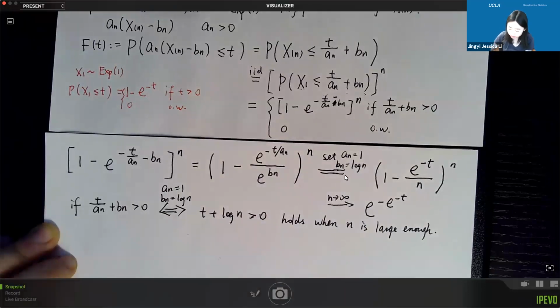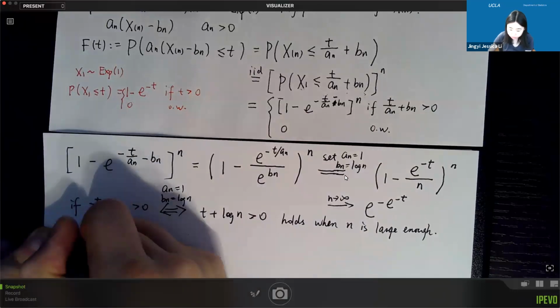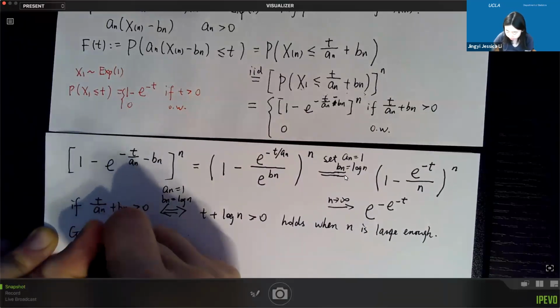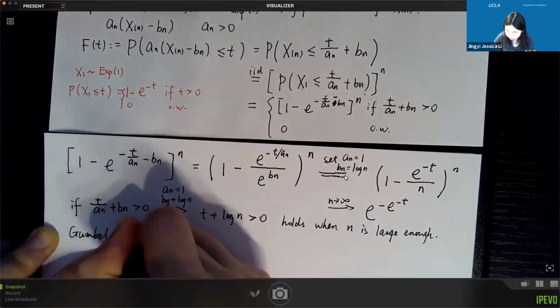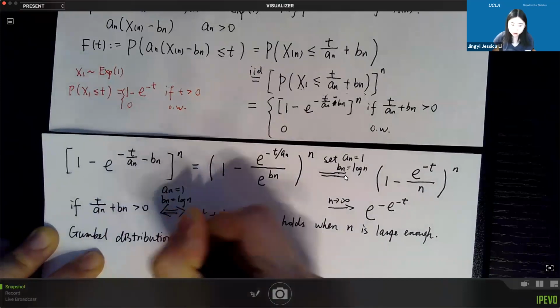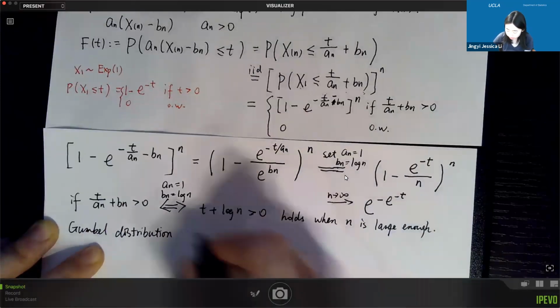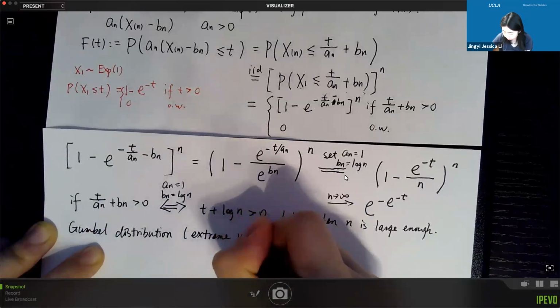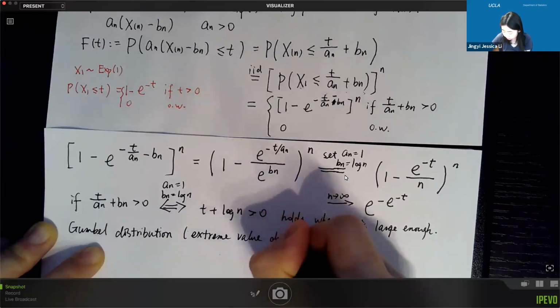The name of this is called a Gumbel distribution. Maybe some of you have heard of it. It's called a Gumbel distribution, or another name of it is called extreme value distribution.